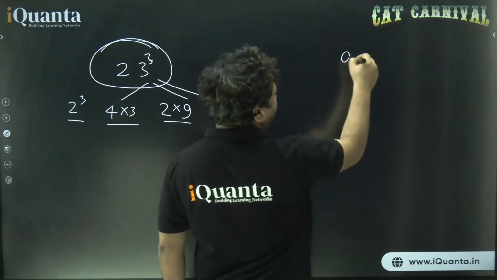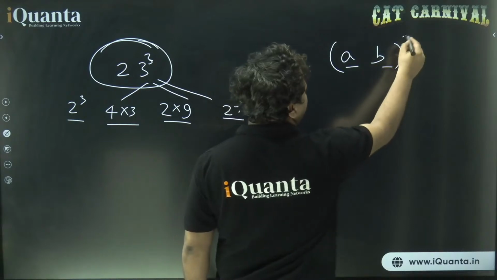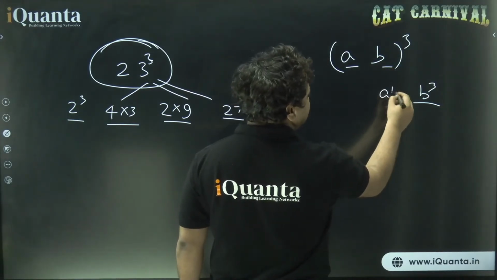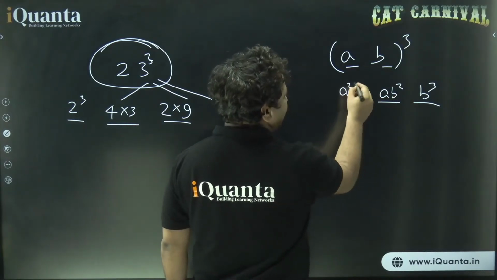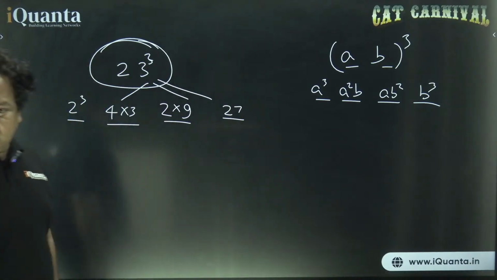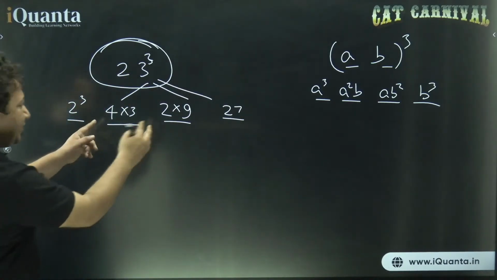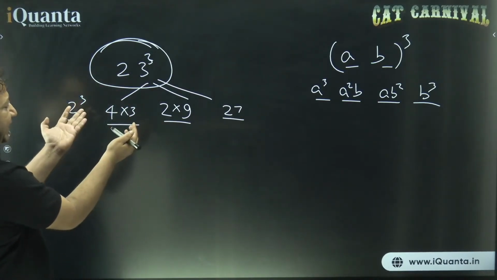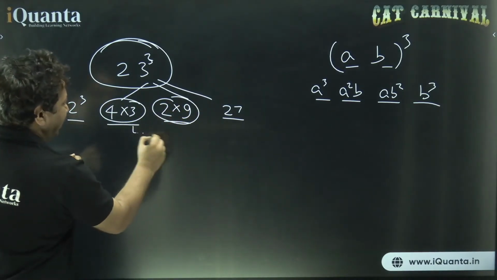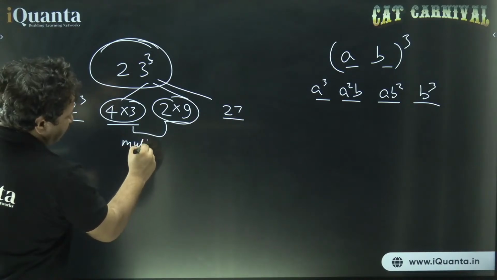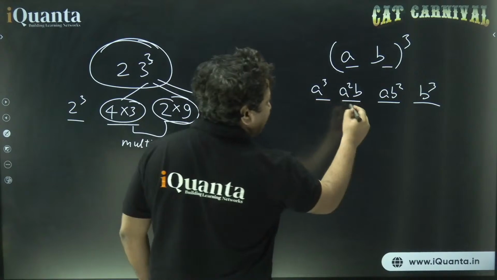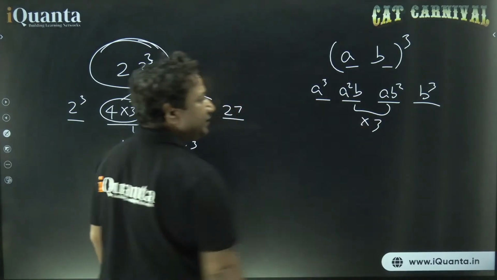So what is happening over here? If I have two digits AB, I want to find the cube. I'm writing B cube over here, AB square over here, A square B over here, and A cube over here. And the middle two numbers should be multiplied by 3. If you remember the formula, these two should be multiplied by 3.